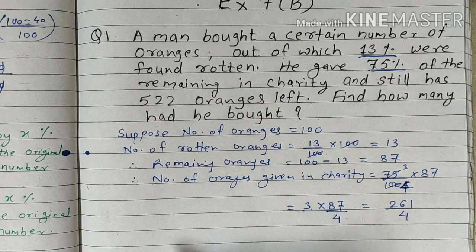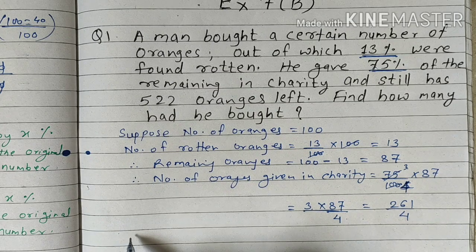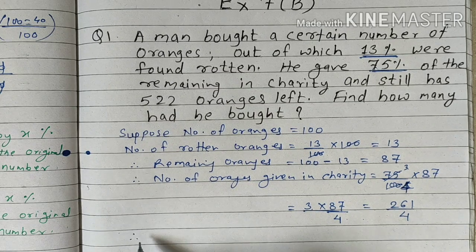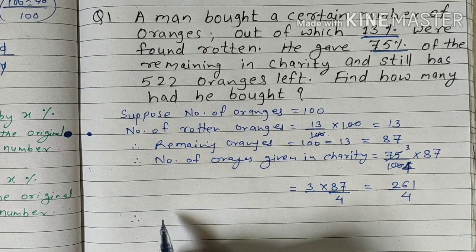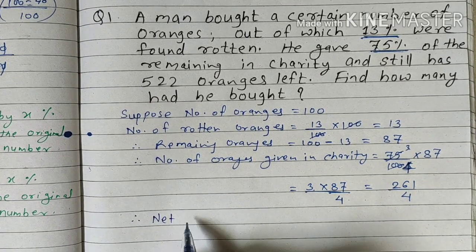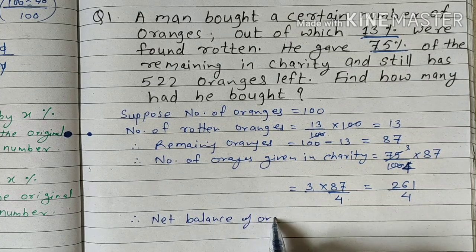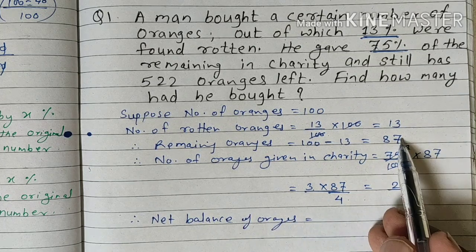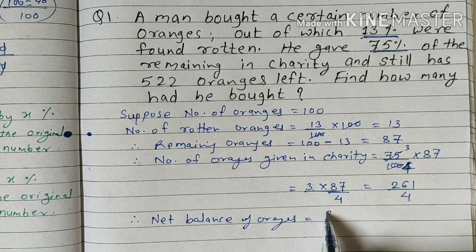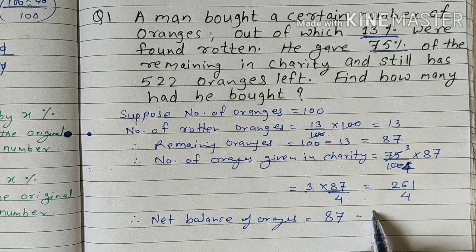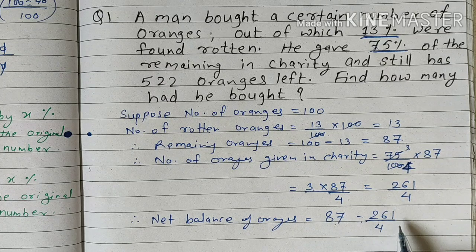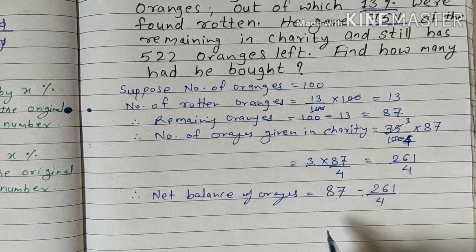So net balance of the oranges. Therefore again we will find out the net balance of oranges from the 87. This is given in the charity, so remaining oranges are like this: 87 minus 261 upon 4. Since their denominators are different, we need to take the LCM for subtraction.